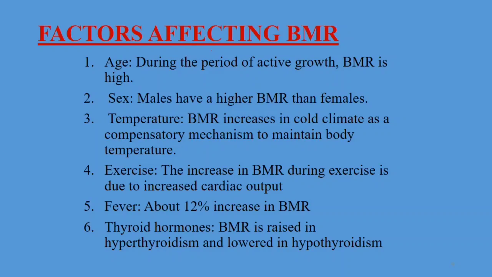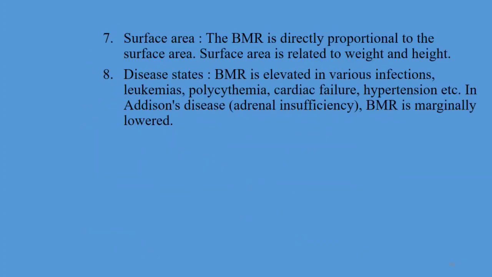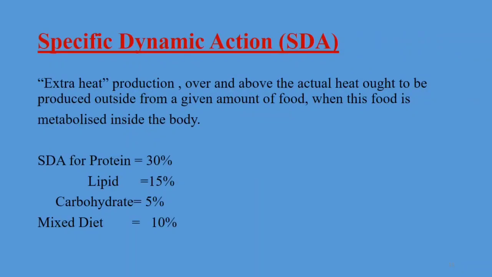According to surface area, BMR is directly proportional to the surface area. In various diseases the BMR is elevated, like leukemias, some infections, polycythemias, cardiac failure, and hypertension. In Addison disease, BMR is marginally lower.